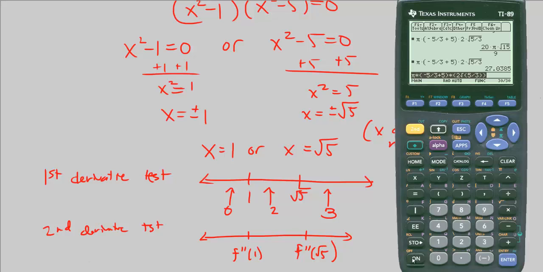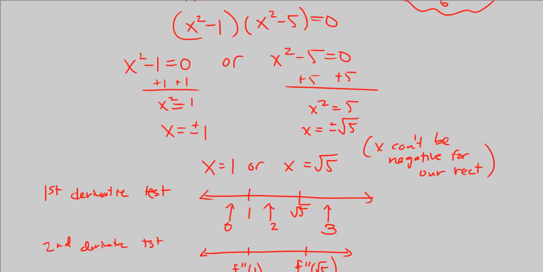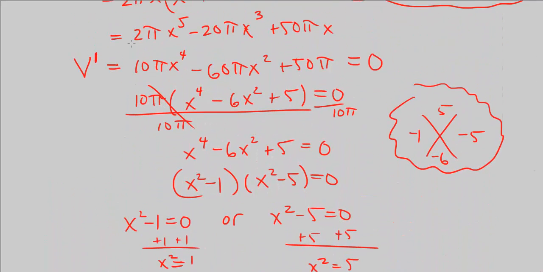Because square root of 5 is equal to 2.23607. So 2 is to the left, 3 is to the right, and 0 is to the left of 1. Let's plug these into our derivative.